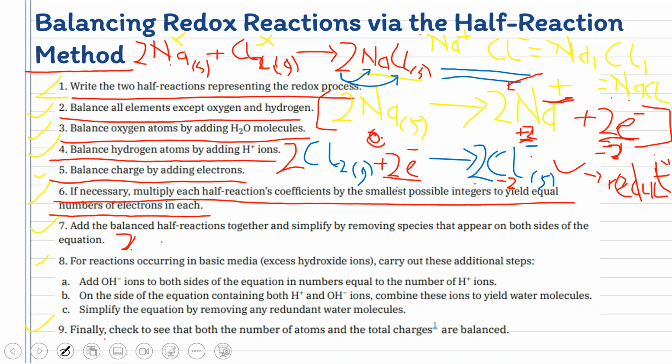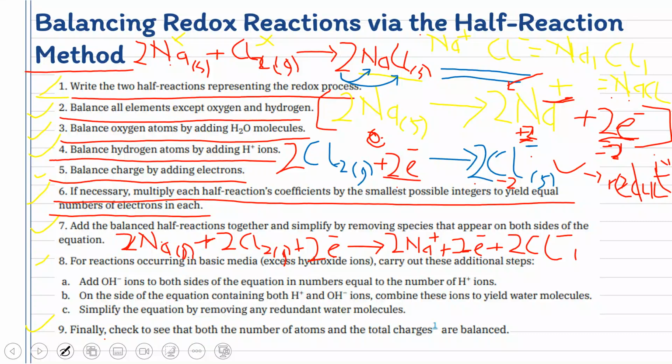So I have 2Na(s) plus 2Cl2(g) plus 2e-, then all of them give me 2Na+ plus 2e- plus 2Cl-(s).